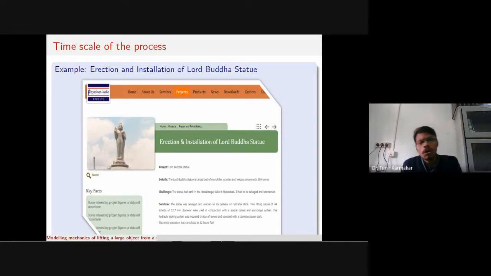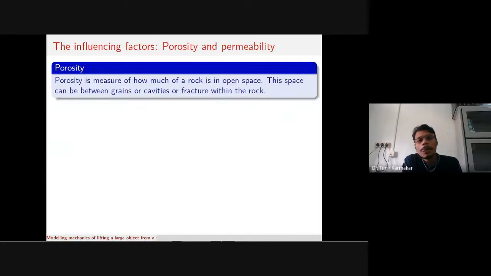So our aim will always be how we can lift this object up without breaking it, with less time and less force. That means our aim will always be to reduce the breakout time and breakout force. As I discussed, these two important properties are porosity and permeability.